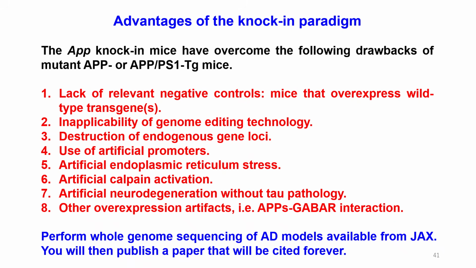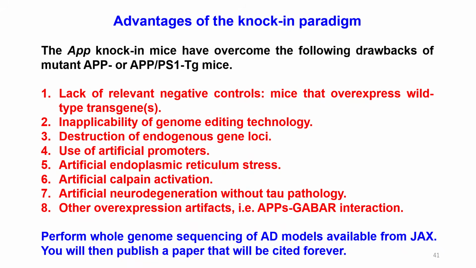The APP knock-in mice have overcome the following drawbacks of mutant APP or APP/PS1 transgenic mice. Lack of relevant negative controls, mice that overexpress wild-type transgene aberrancies. Inapplicability of genome editing technology. Destruction of endogenous gene loci. Use of artificial promoters.